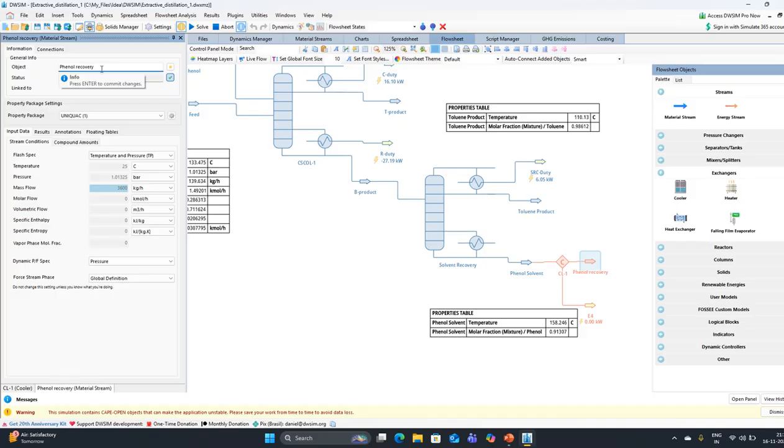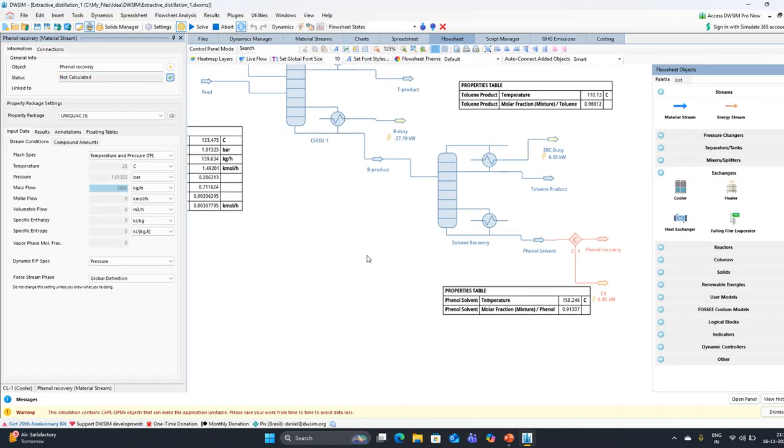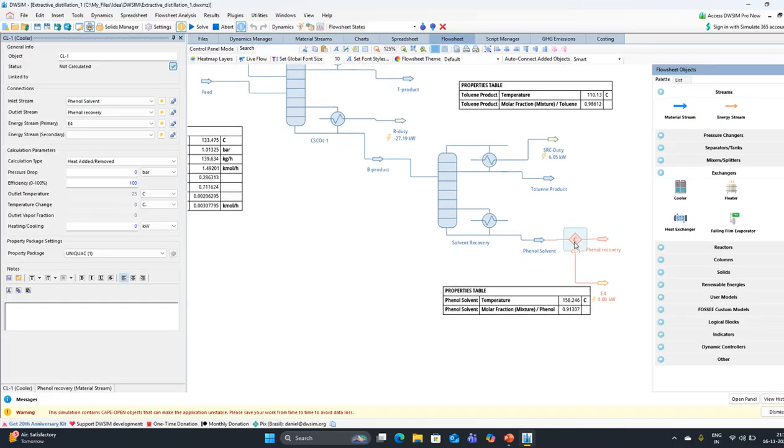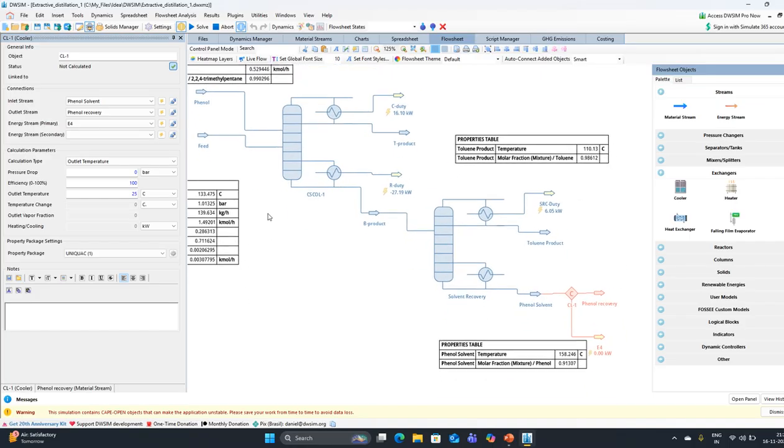Now you can see it is the phenol recovery. This cooler I will simulate for the outlet temperature, and the outlet temperature should be 25 degrees C, which is the same as the phenol. Now I will solve the flow sheet.